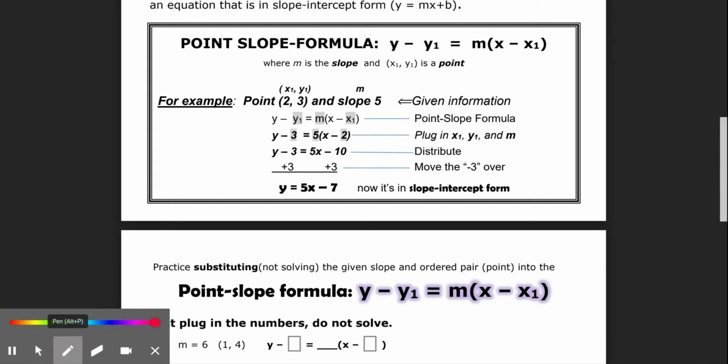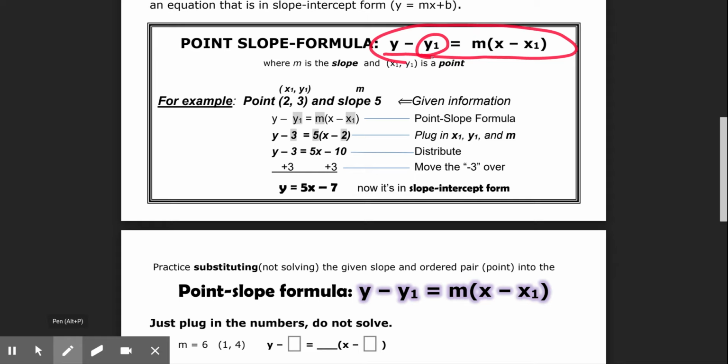Your point-slope formula is this right here, y minus y1. This is where you're going to be putting a number in place of y1, your m, and your x1. So you see that I've listed that 2 and 3 represent x1, y1, and then your slope is your m. So it'll be y minus 3 equals 5 times the quantity x minus 2.